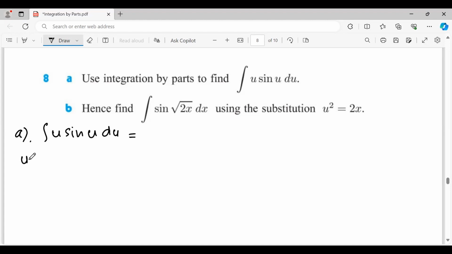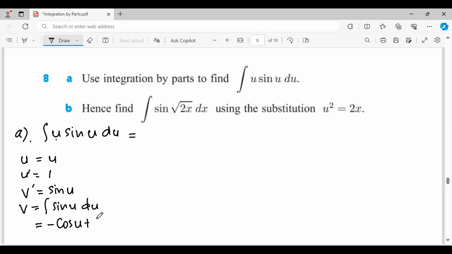If u equals u, this one, then derivative u equals 1, and it means derivative v is sine u. So v equals the integral of sine u du, which is minus cosine u plus c.